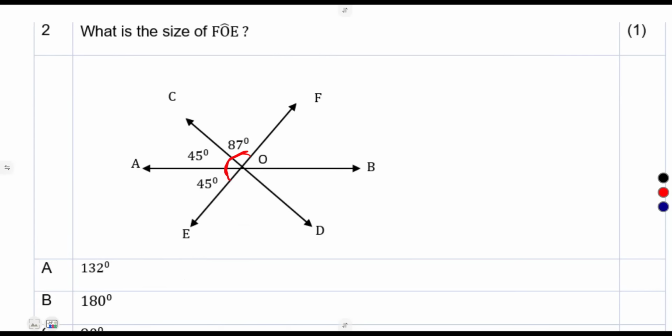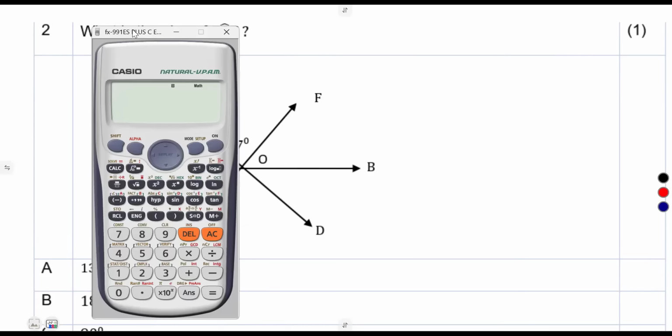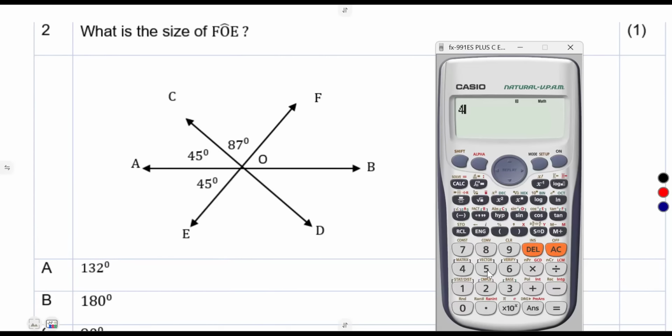But in this case, if we consider to say it's 180 degrees, it can be something else because they gave us 87, they gave us 45, 45, meaning this is not a straight line. If we add these angles together, let's confirm, they do not add up to that. You just add 45 plus 45 plus 87.